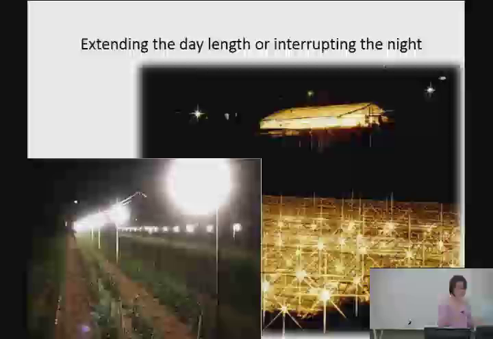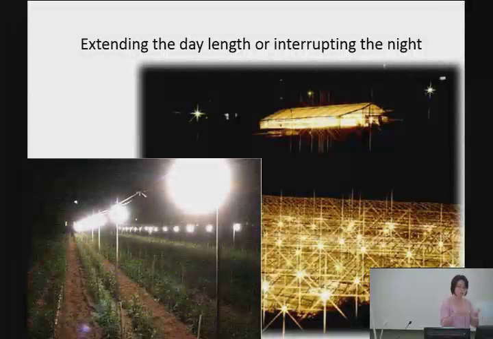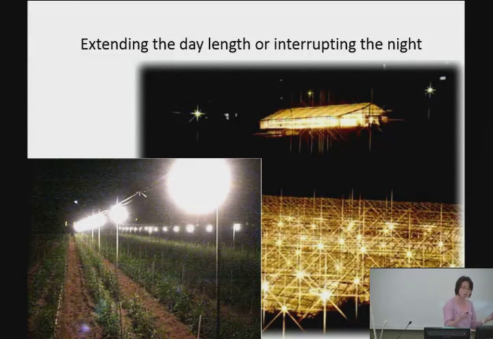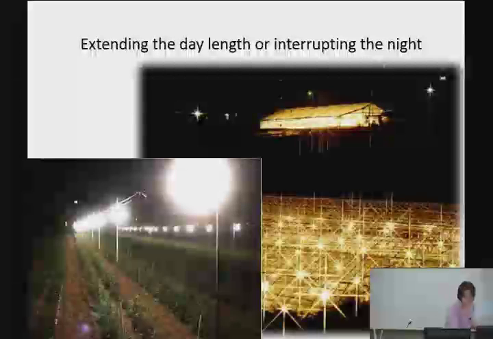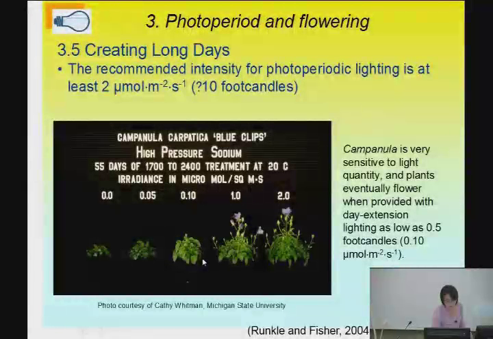Under that, the plants are continuously in vegetative growth, so they can harvest cuttings and ship them to other greenhouses in the States, and they can finally flower. This is also showing the light intensity, so I'm going to skip this, but the recommendation is again 2 micromoles.